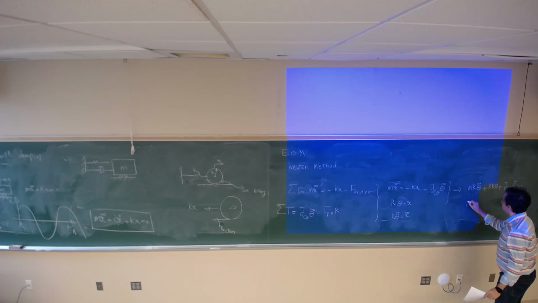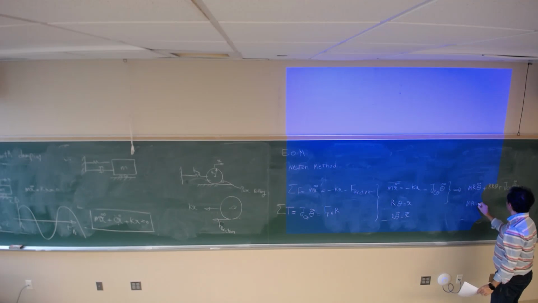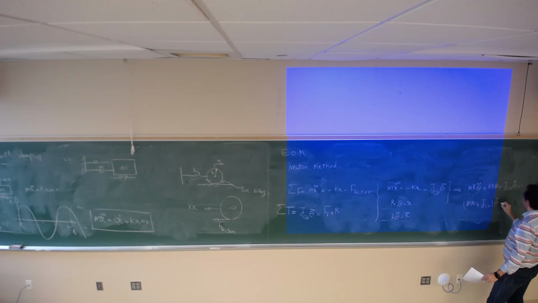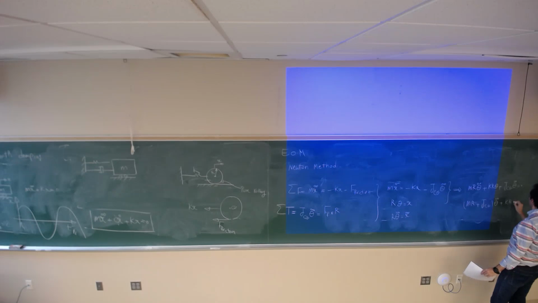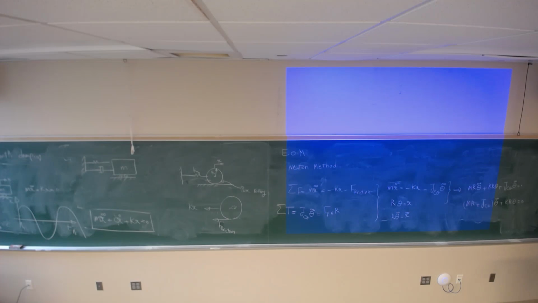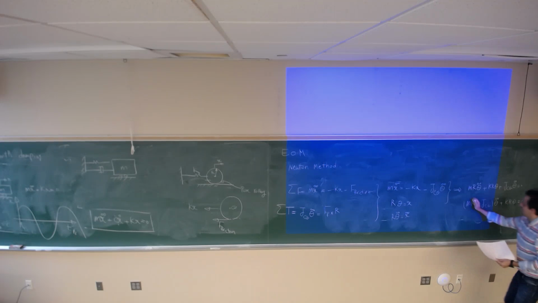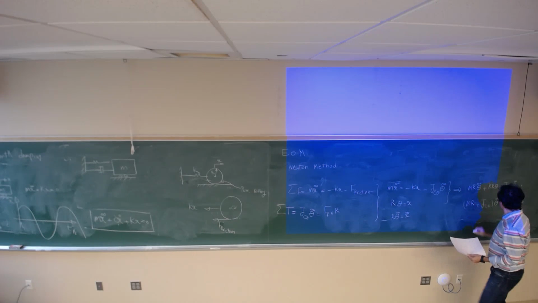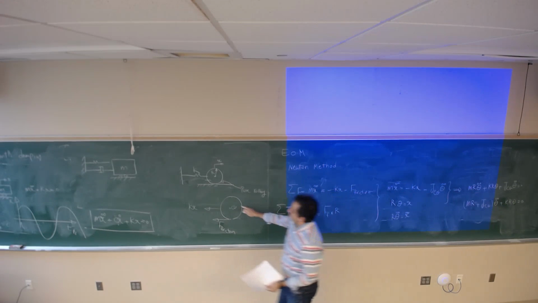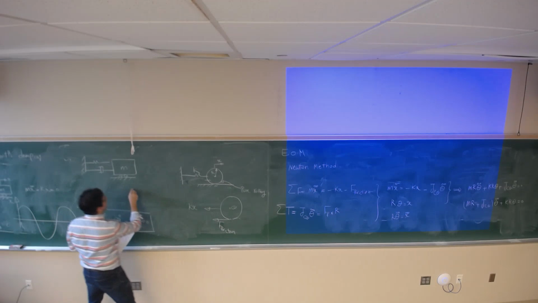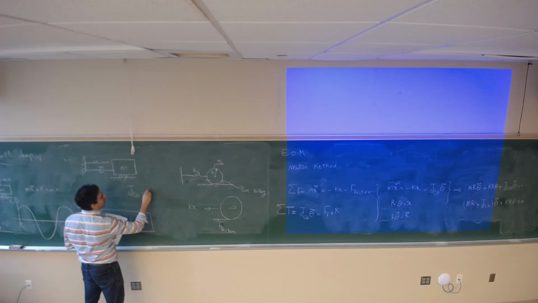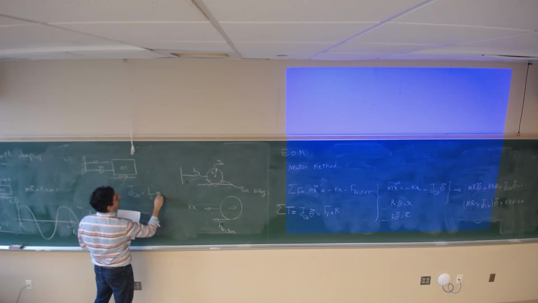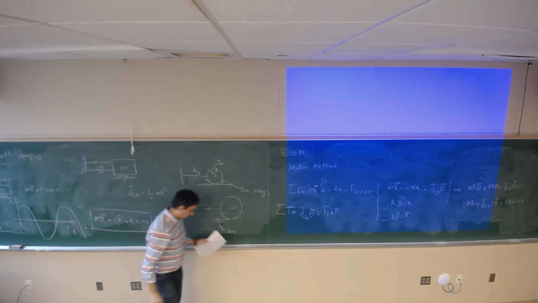It's going to be (m r plus J center of gravity) times theta double dot plus k r theta equals 0. For a cylinder, J with respect to the center of gravity is going to be half of m r squared.